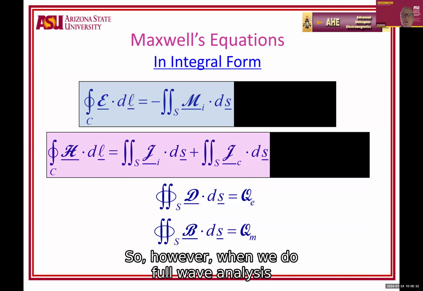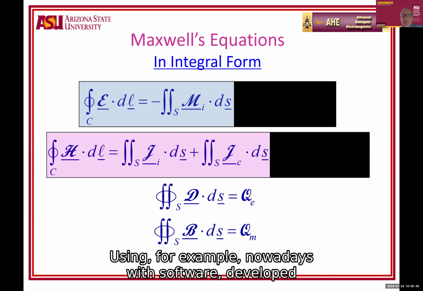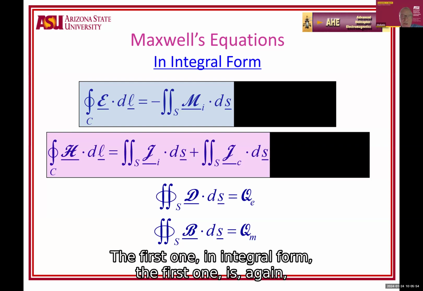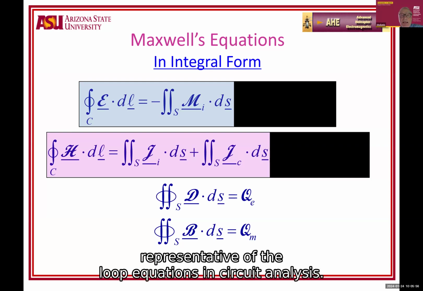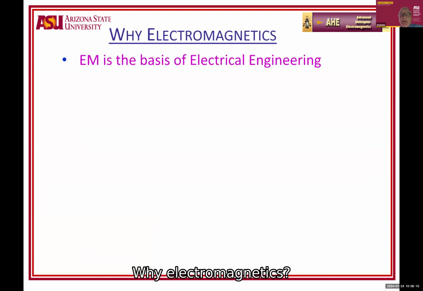However, when we do full wave analysis using Maxwell's equations, all those terms are included, using, for example, nowadays developed software that includes all the terms. So those are Maxwell's equations. The first one, in integral form, is representative of the loop equations in circuit analysis. The second one is the node analysis of circuit theory.